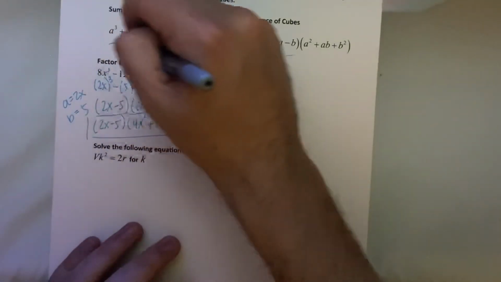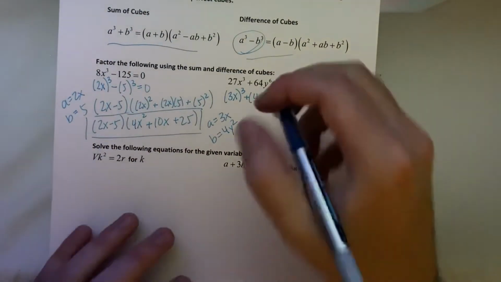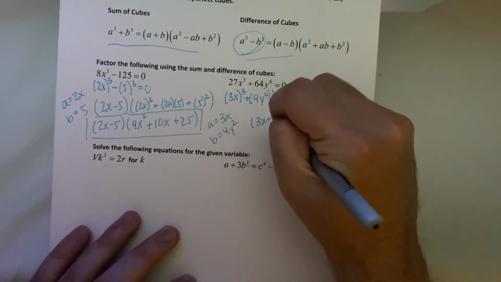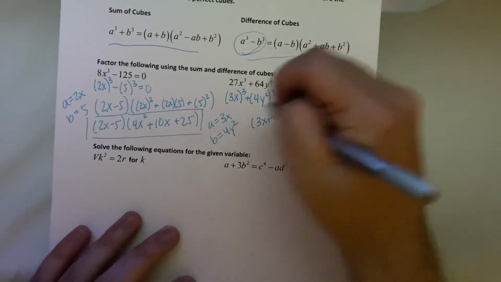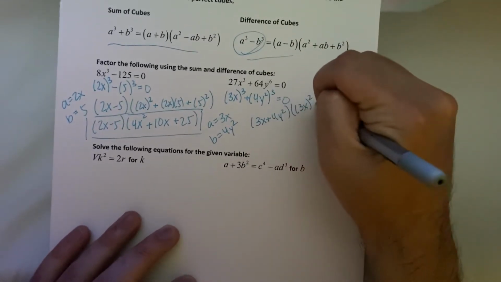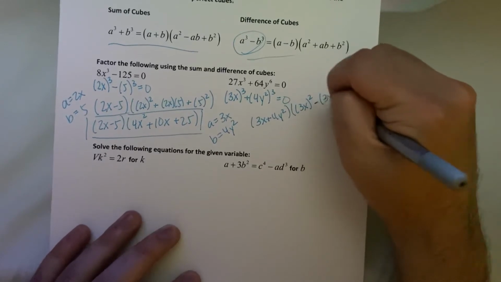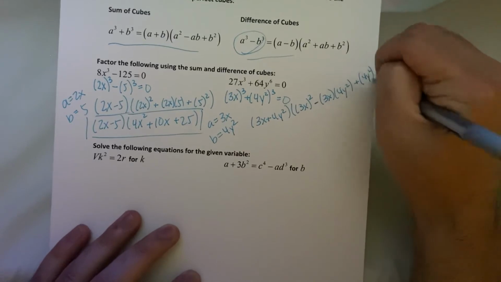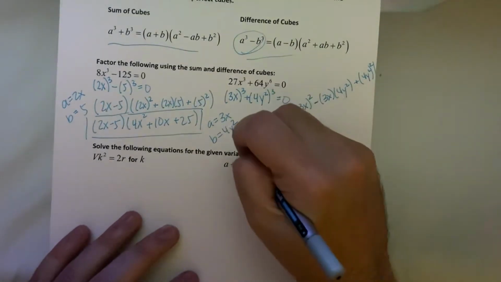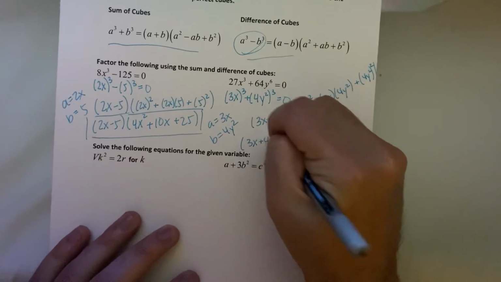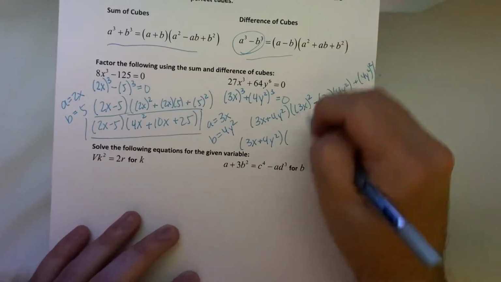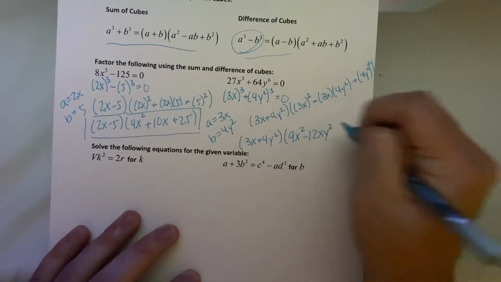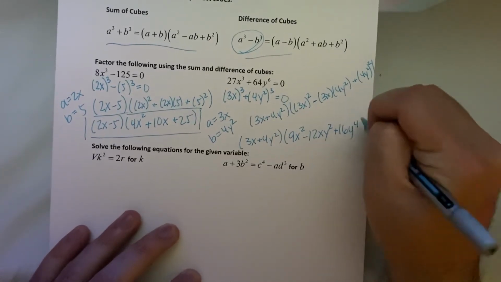Since there's a plus in the middle, we'll use sum of cubes. So that first parentheses is a plus this time, 3x plus 4y squared. Second parentheses, 3x squared minus 3x times 4y squared plus 4y squared squared. Clean it up, 3x plus 4y squared times 3x times 3x, 9x squared, minus 12xy squared plus 16y to the fourth.